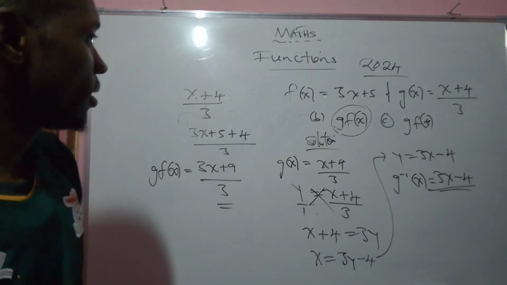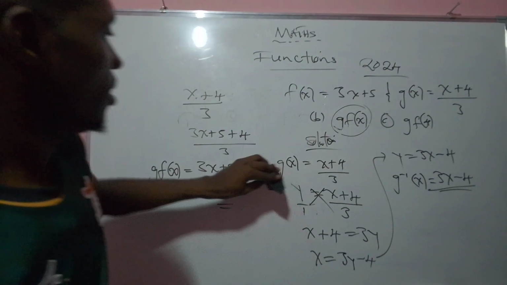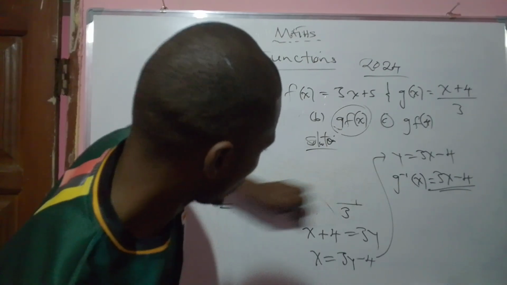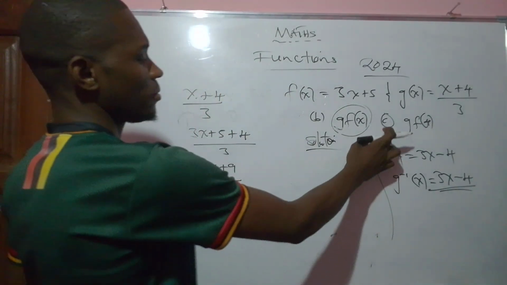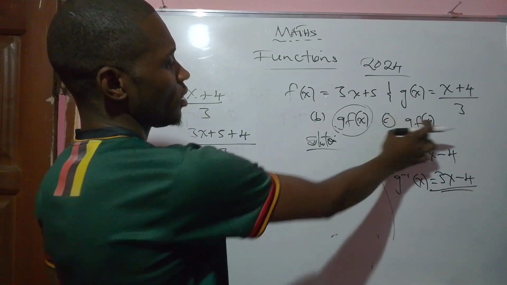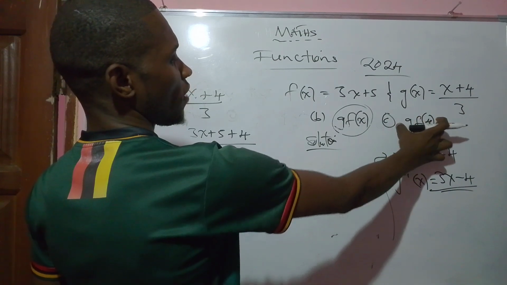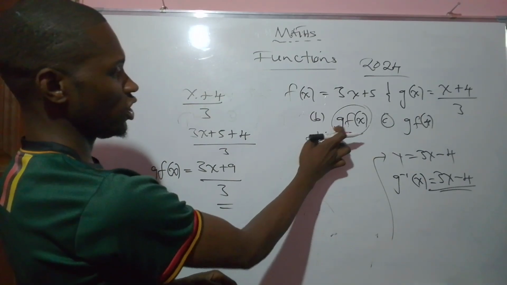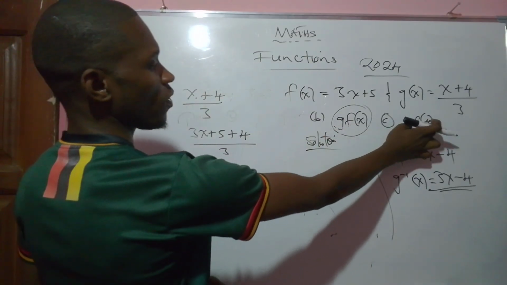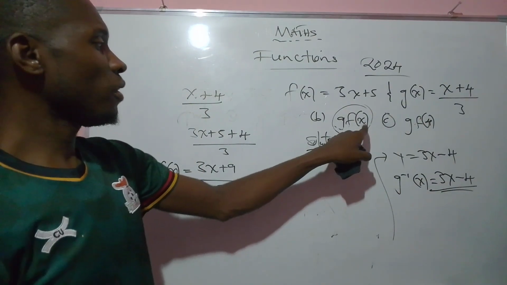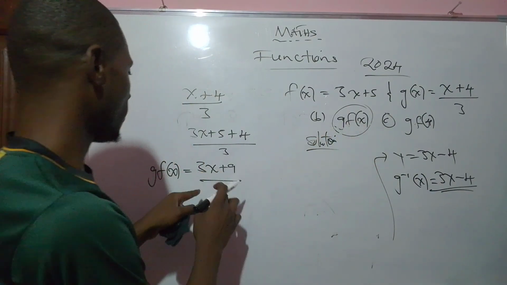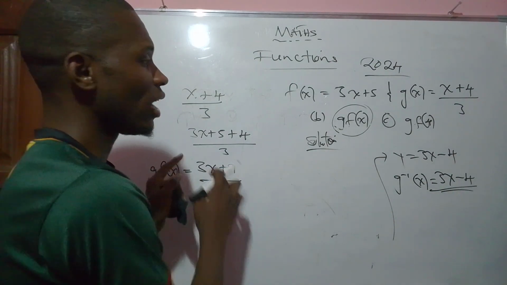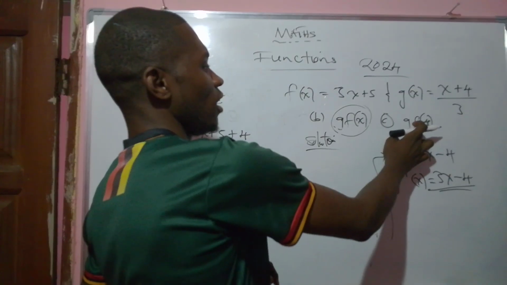The last one, I'll use this part now. The last one, we're saying (c) is equal to gf of 4. Now let's compare this: gf of x, gf of 4. Meaning that we failed to find the value of x because here we had x. No wonder we have left x in the question. Now here, we are saying gf of 4.